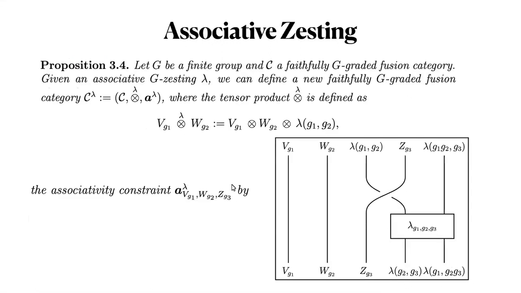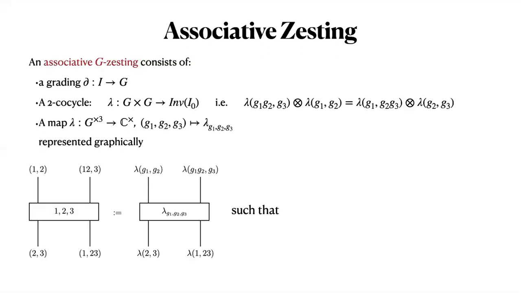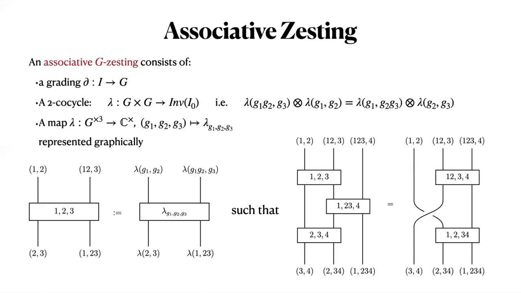Also, Cesar, could you go back to the previous slide? Is there a reason why you chose the braiding instead of the inverse braiding? No, you're completely right. I can do any of them, but I have to be consistent later with the definition of the associativity.